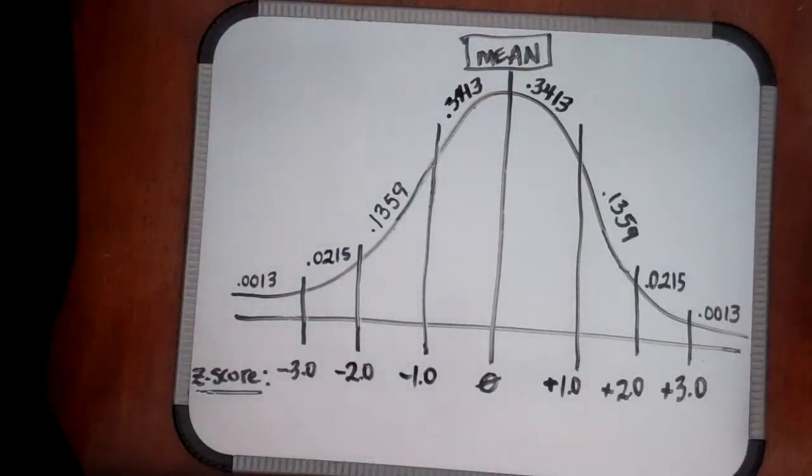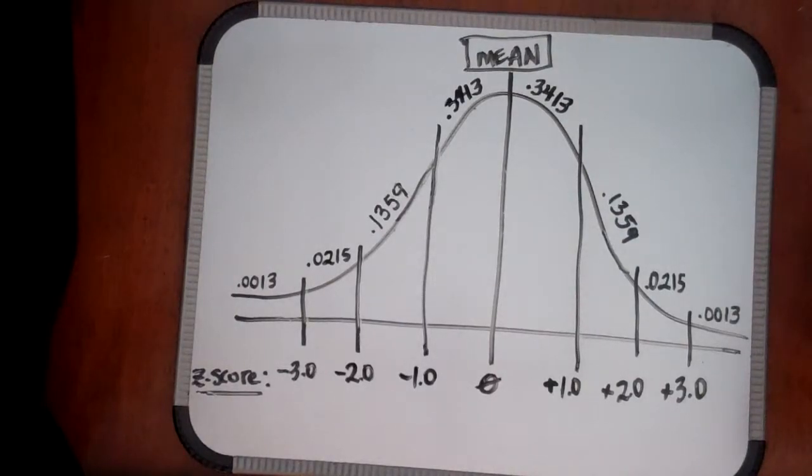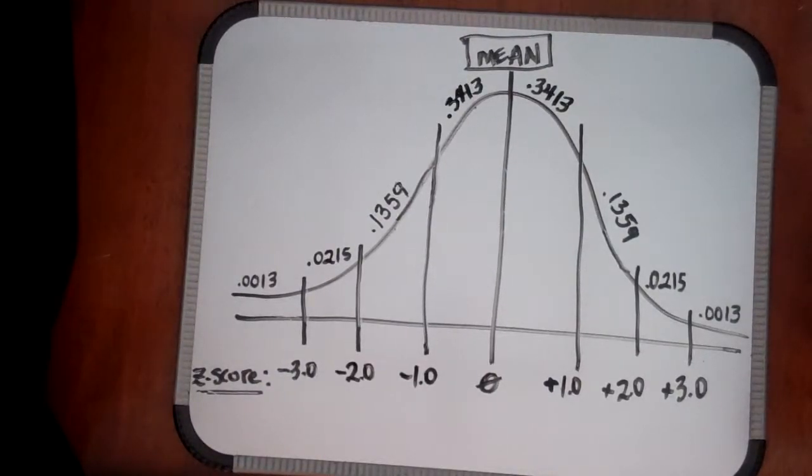Okay, now in statistics, many times we need to figure out what the probability of a given score value is. In other words, what is the likelihood that a given score or a mean value of a population will occur by chance alone?